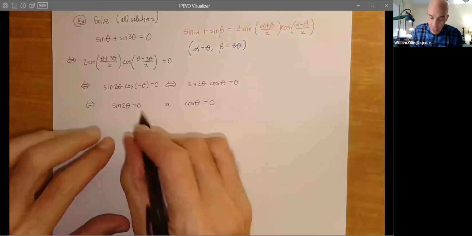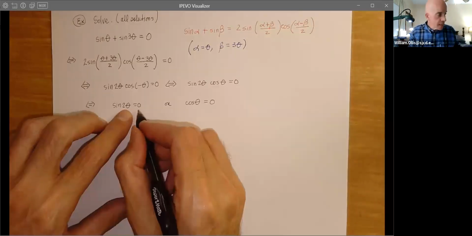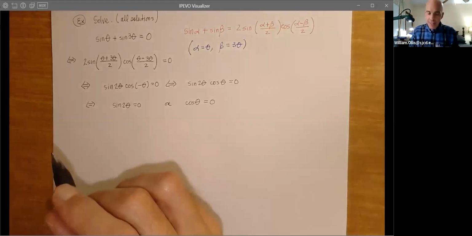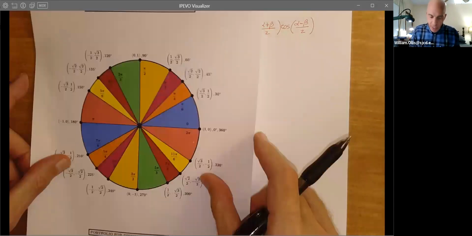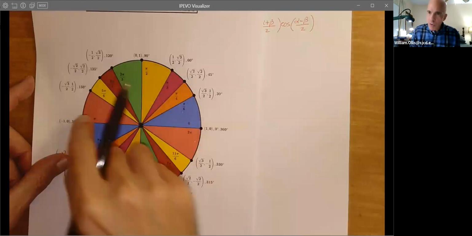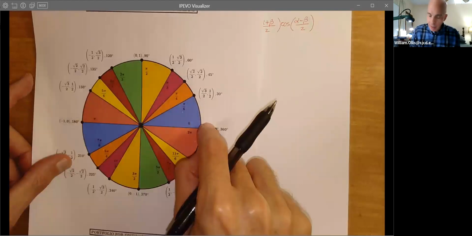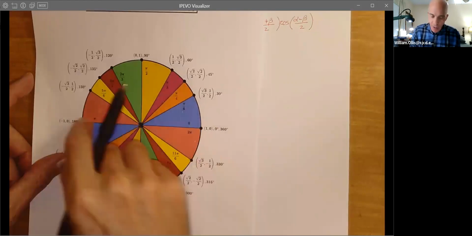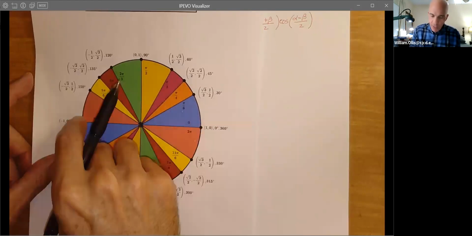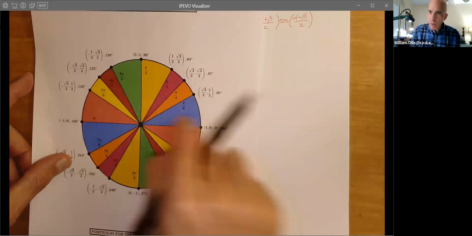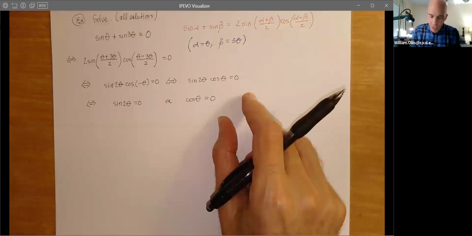So notice, we know sine is 0 when we're on the x-axis. We're either here or here. We're just at multiples of pi. Pi times k. 0 times pi, 1 times pi, 2 times pi, 3 times pi, negative 3 times pi, just multiples of pi. So we solve this easily.